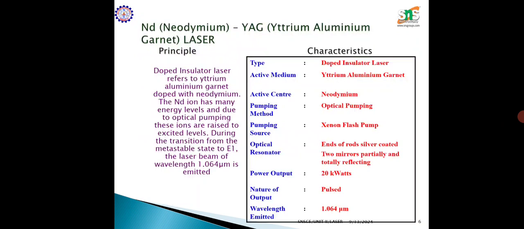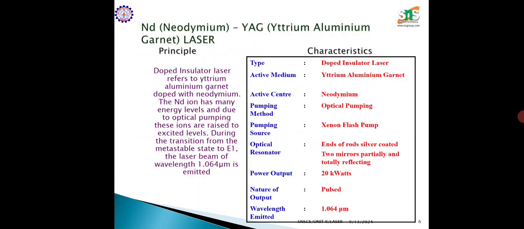Here the type is doped insulator laser. This is the type of Nd:YAG laser. The active medium is yttrium aluminum garnet, but the active center is the neodymium atom.